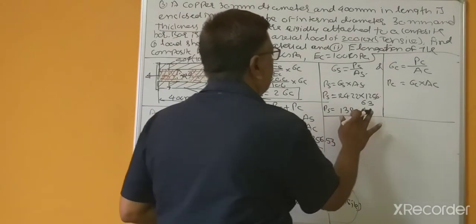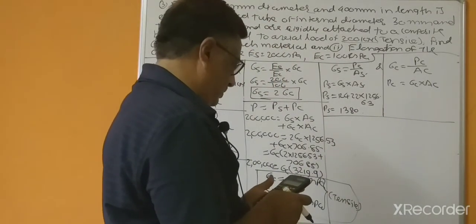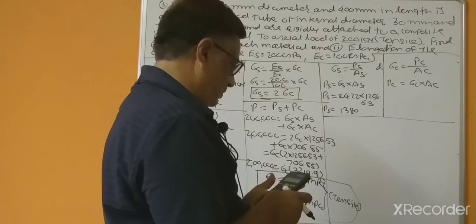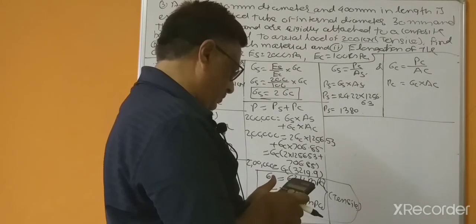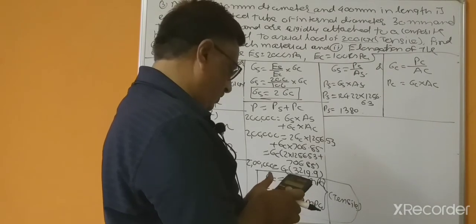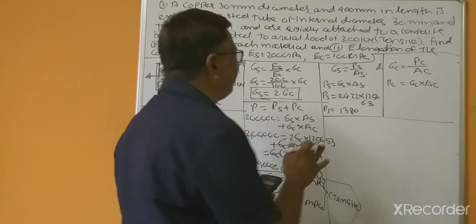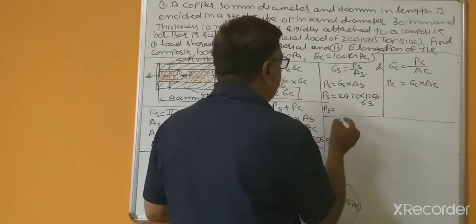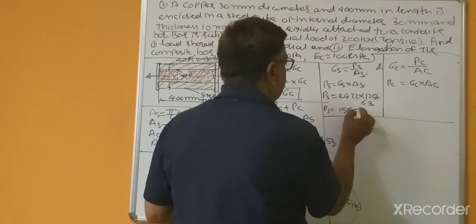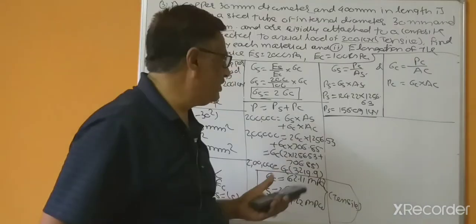Sorry, I think I made a mistake. 1256.63 times 124.22. So actually this is 156.09 kilonewton. Load shared by the steel material is more.